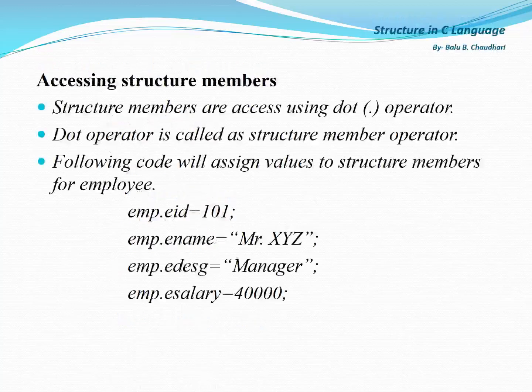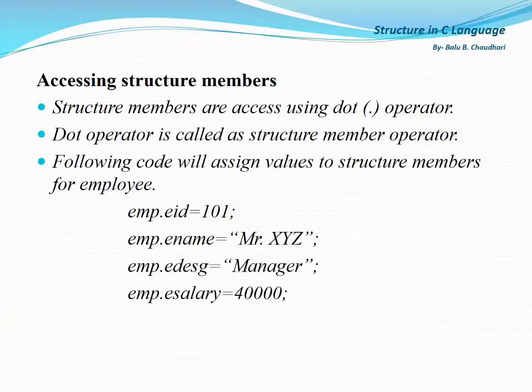Here you can see how to access the structure members. Structure members are accessed using the dot operator. The dot operator is called the structure member operator. The given code will assign values to structure members for the employee. For example, employee.eid equal to 101, employee.ename equal to Mr. XYZ, employee.edesignation equal to manager, employee.esalary equal to 4000.